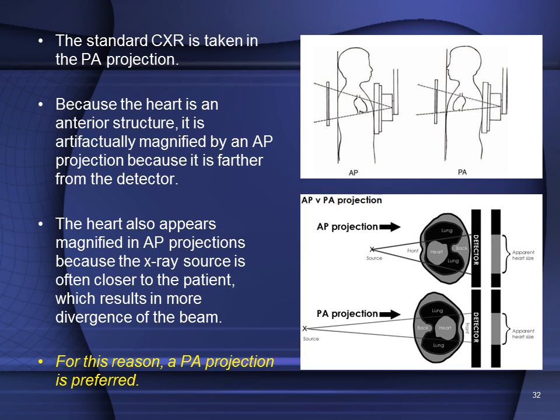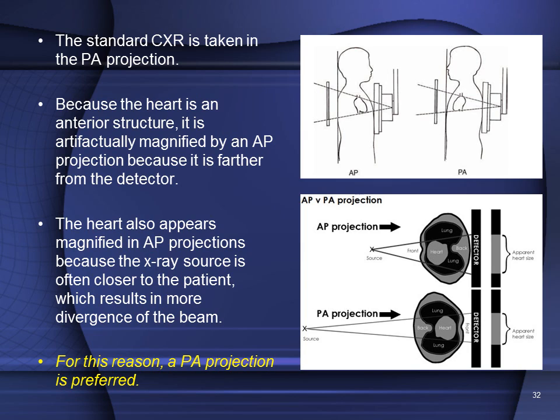Because the heart is an anterior structure, how it appears on film will differ depending upon where it is placed relative to the emitter or the source of the X-ray beam and the detector or the cassette.